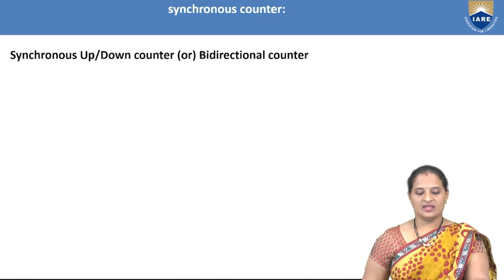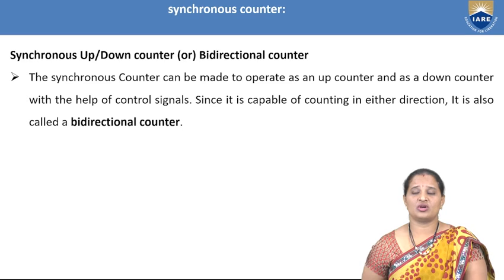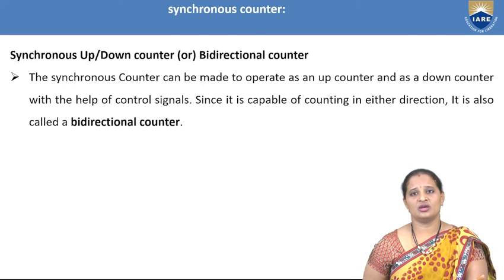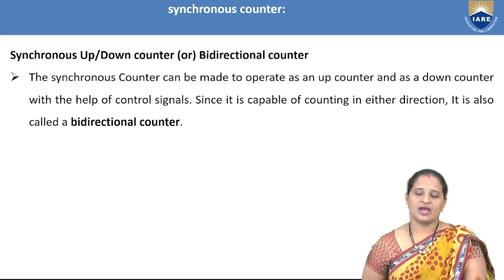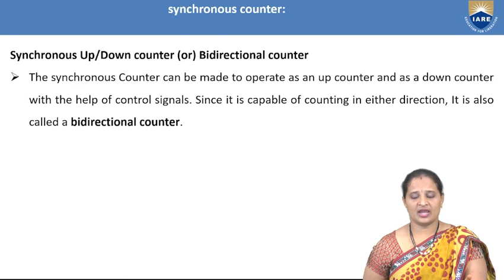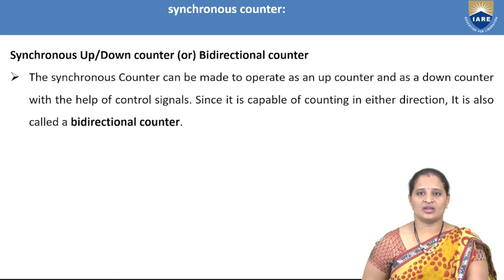So now let us see the up-down counter. That is the synchronous up-down counter, in which we can count in the incremental order as well as in the decremental order. We can also call it a bidirectional counter because we are able to count in either direction, that is, in incremental order and decremental order.